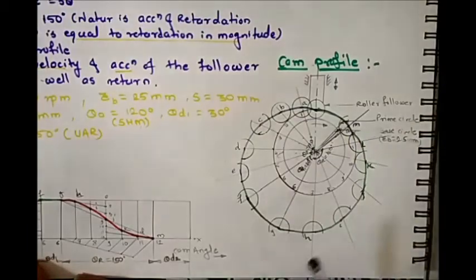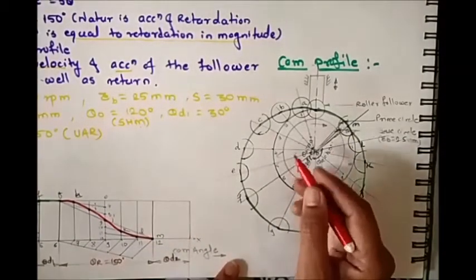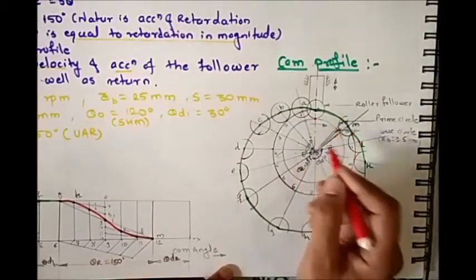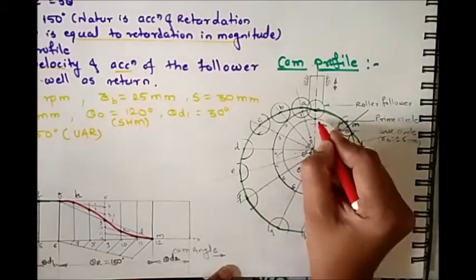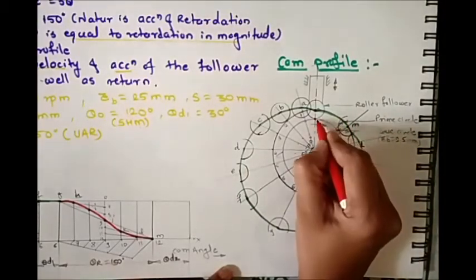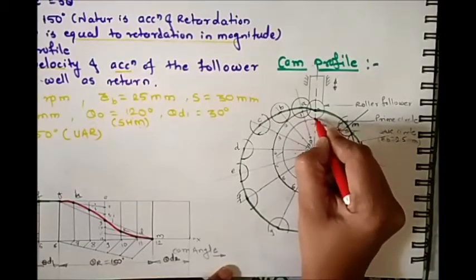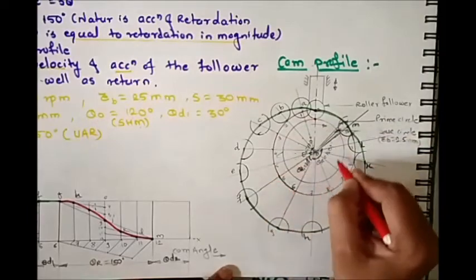Now draw a smooth curve which is tangent to all the circles, or all the rollers. Start from this point, which is our first point where the roller follower is in contact with the base circle radius of the cam.